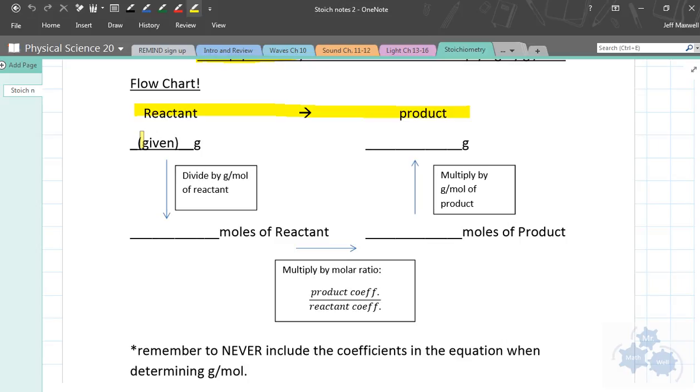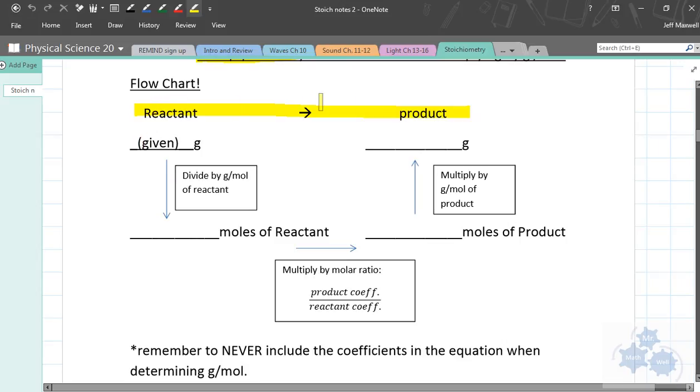This is going to help you organize everything. I wish my teacher had shown me a flow chart like this when I was going to school. Maybe he did, and maybe I just don't remember it, or wasn't paying attention. But this works really, really well. So we've got the equation, and if you're given mass, you write that underneath the reactant that it's given for. So you write down the mass here.